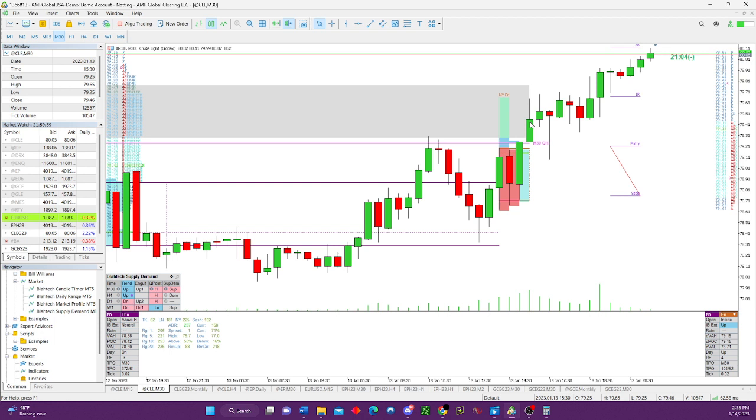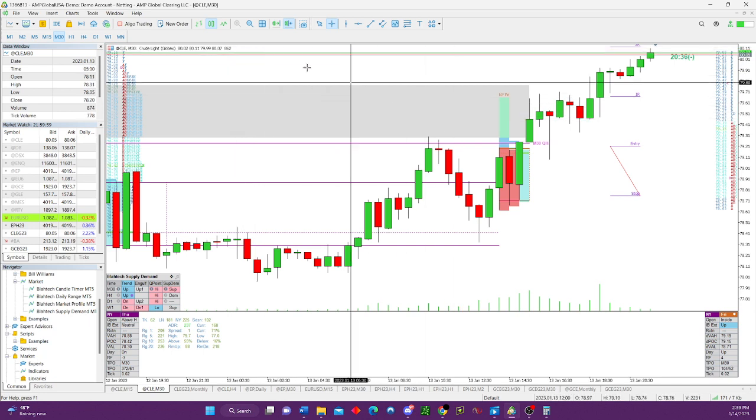Now, if price were to come back and test this initial balance high, you have to see if price will react, if it is reactive, which is exactly what happened here in this trade. Price came to test the initial balance high, reacted, there was buying here, and price continued higher the rest of the day.